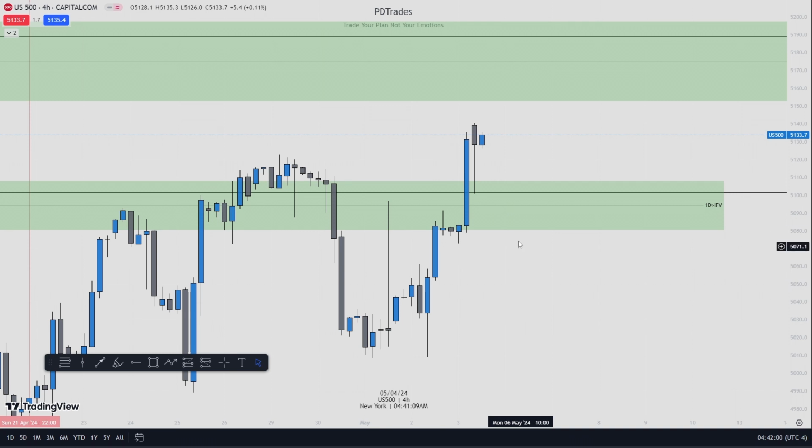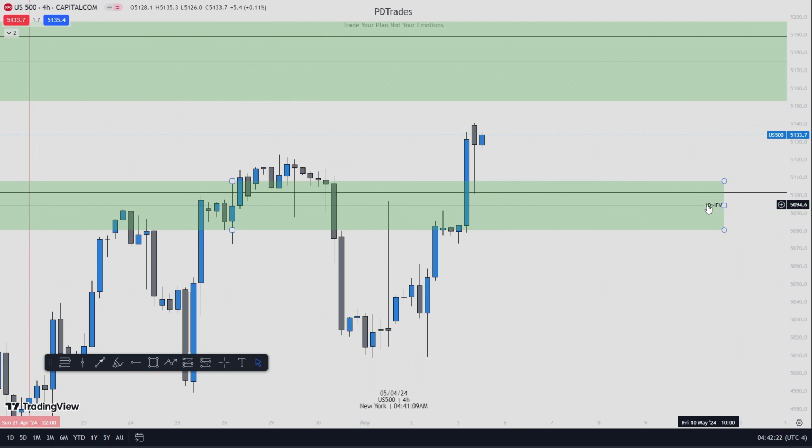So now I would want to see what happens Monday. Do they want to push and refill this piece here? And also inside this fair value, inside this imbalance, it's also the midpoint of the daily inversion fair value here.